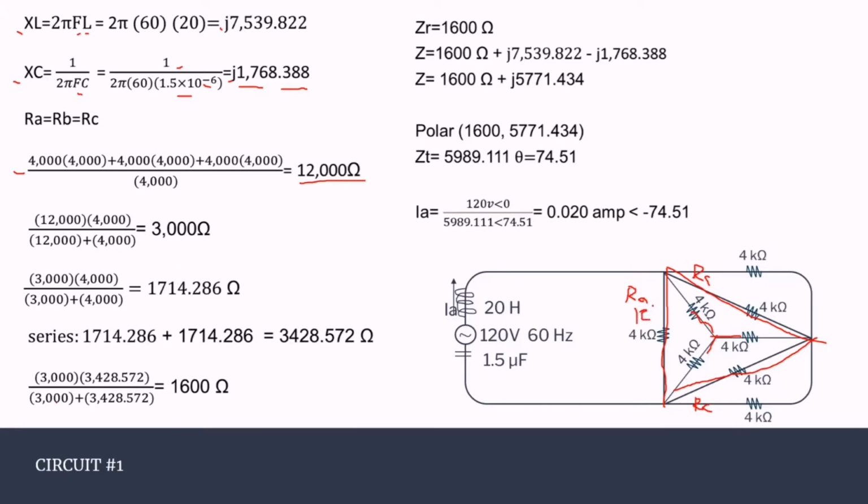12K, 12K, 12K, and 12K. Since 12K is parallel to 4K, we're going to use the parallel formula here. 12K times 4K over 12K plus 4K is equal to 3K ohms.